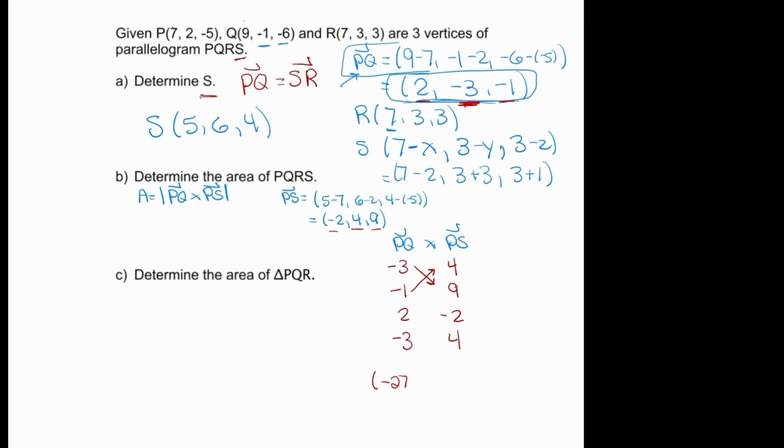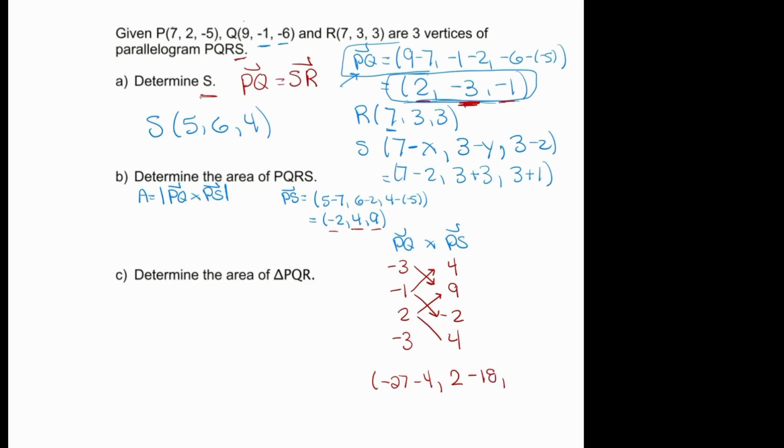Okay, so we get -27 minus 4. We get -1 times 2, which is -1 times -2, which is 2, minus 2 times 9, which is -18.